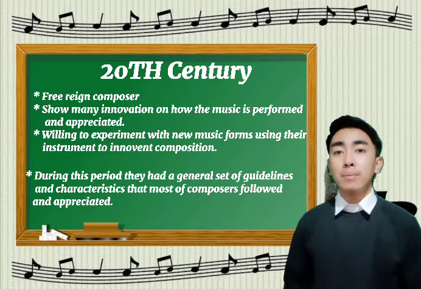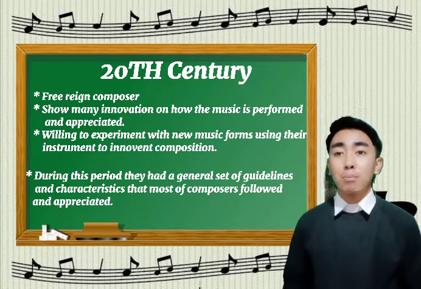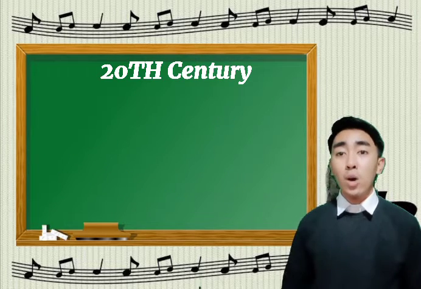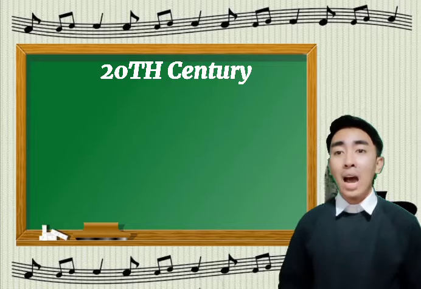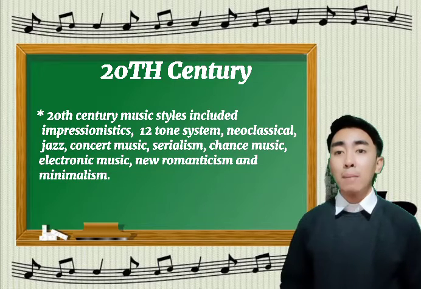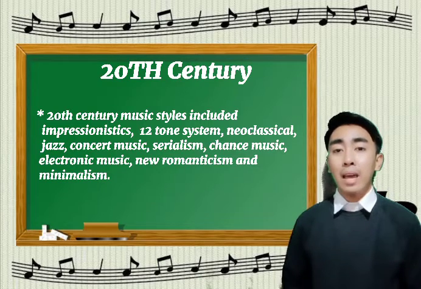During this period, there was a general set of guidelines and characteristics that most composers followed. 20th century music styles included impressionism, the 12-tone system, neoclassical, jazz, concert music, surrealism, electronic music, new romanticism, and minimalism.